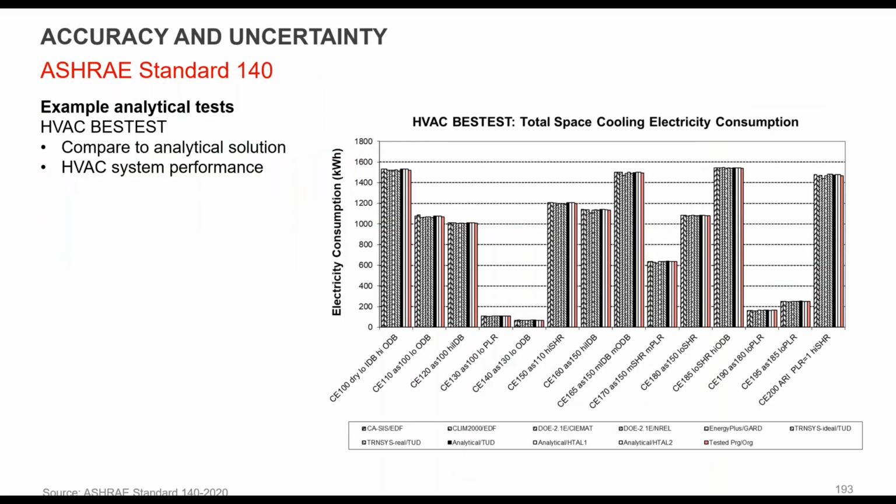So what this test does is allow you to compare two different tools for a number of different cases. And you see here, there are a number of tools over time. TRNSYS is in there, DOE-2, and EnergyPlus is in there. So there are a number of different tools in here, and there's some European ones that we haven't mentioned.